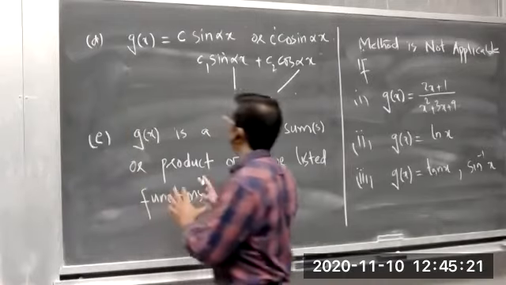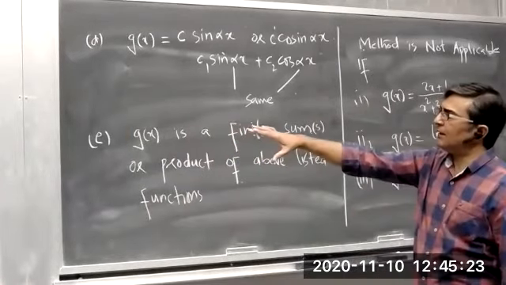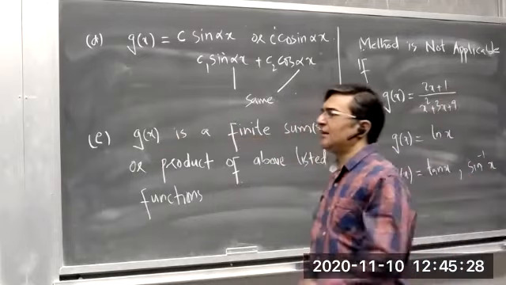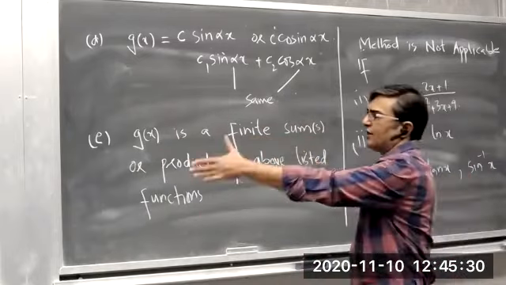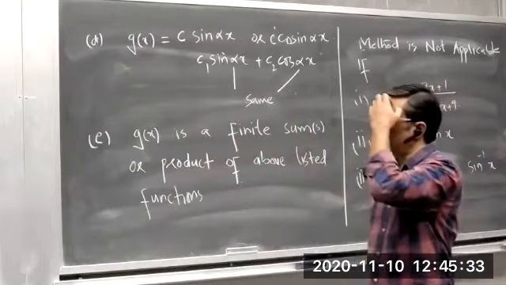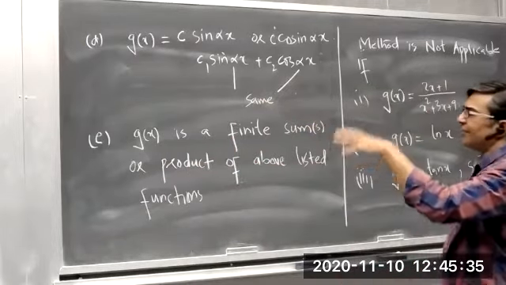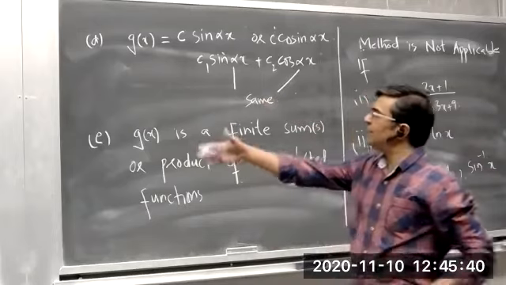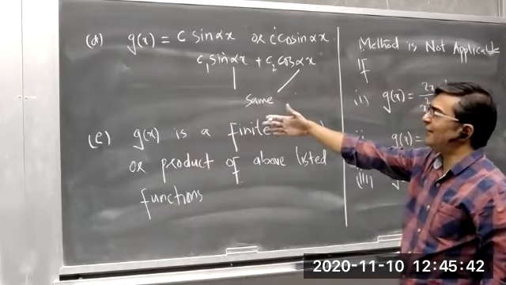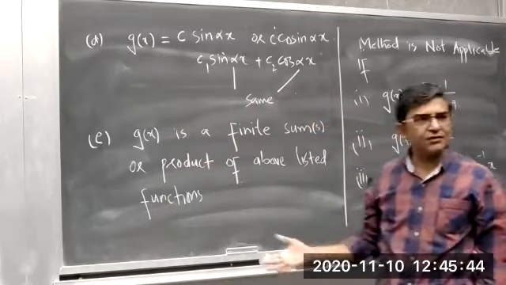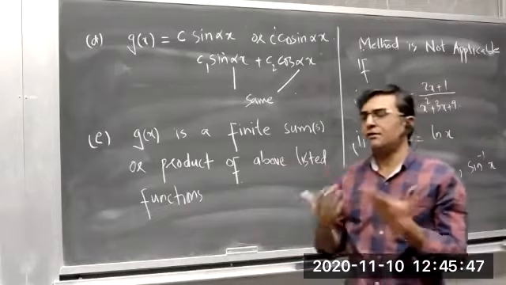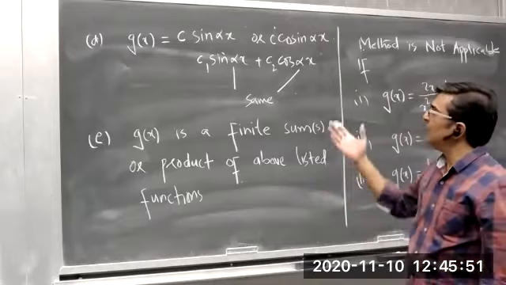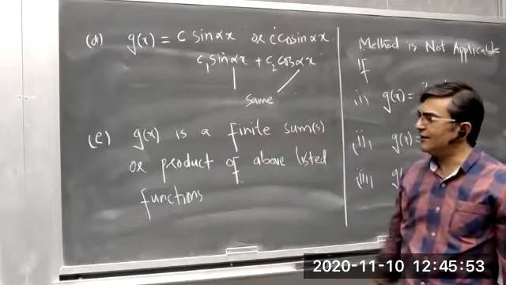So this method is only applicable if the ODE satisfies basically these two conditions which we have discussed right now. The coefficients are constant and the right-hand side function is one of these 5 listed kinds of functions. The fifth one is the sums or products of these kinds of functions which we have listed earlier.